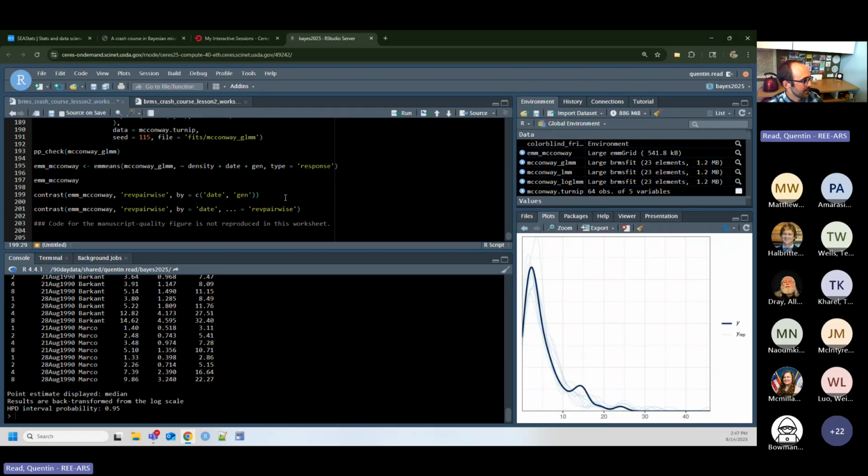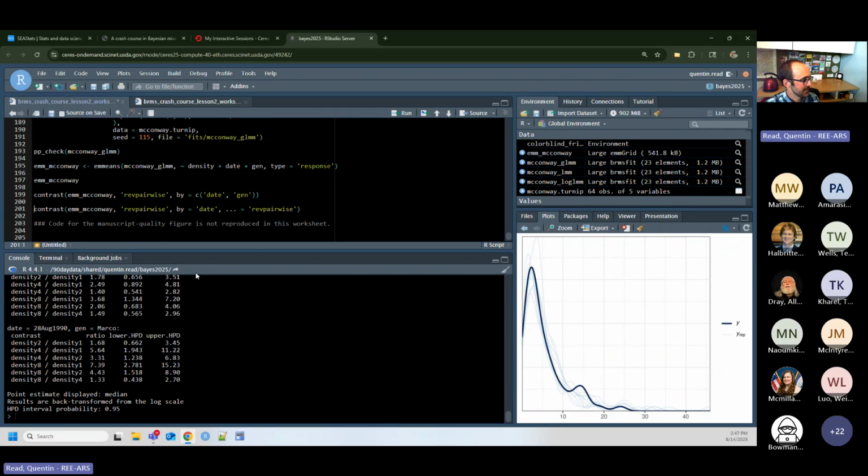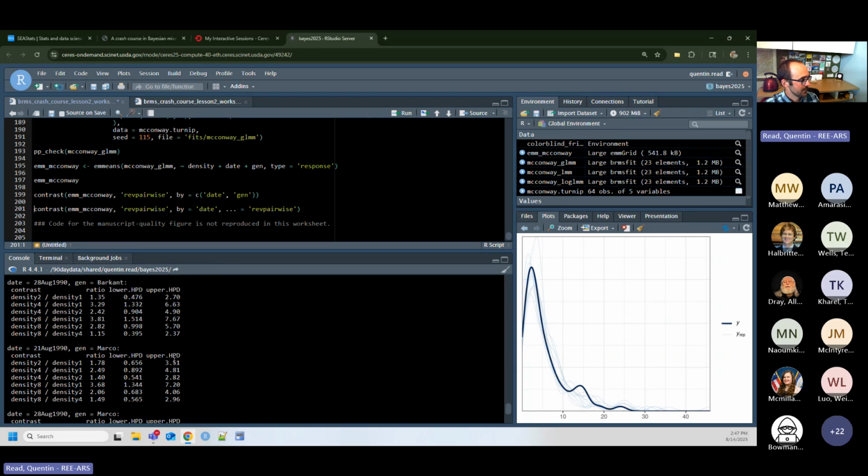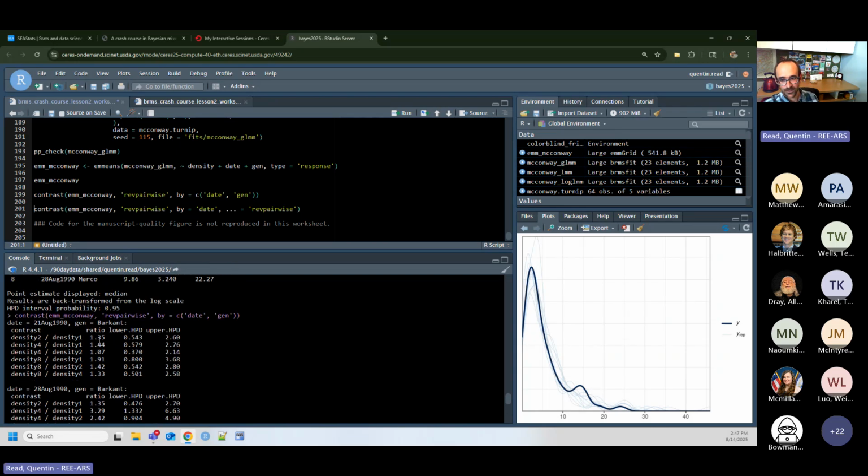So now if we look at the contrast by running line 199, you can see we have a lot of output, but if you were interested in the results of this experiment, you could say, okay, if we do an early planting date for the Barcant genotype, the ratio of yield between these two density treatments is pretty close to 1, and there's not very strong evidence for a difference.